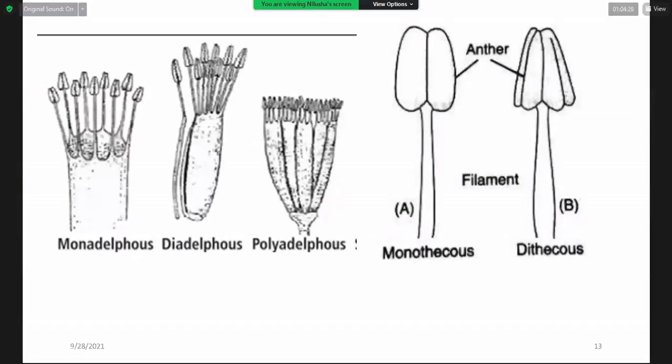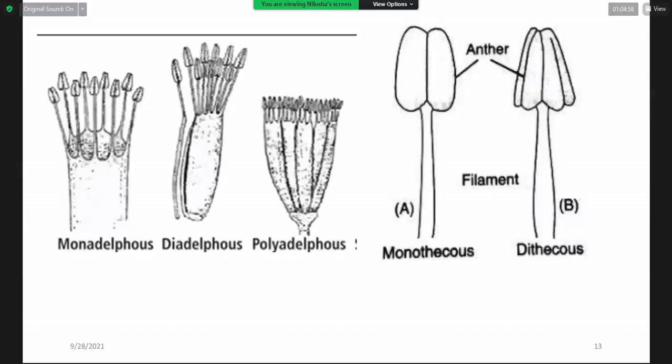In the monothecous condition there is only one lobe in the anther. Two pollen chambers form due to the presence of one lobe. So we call it the monothecous condition. Okay, ma'am. Thank you.